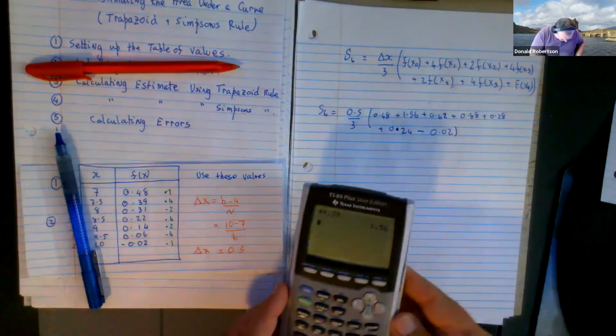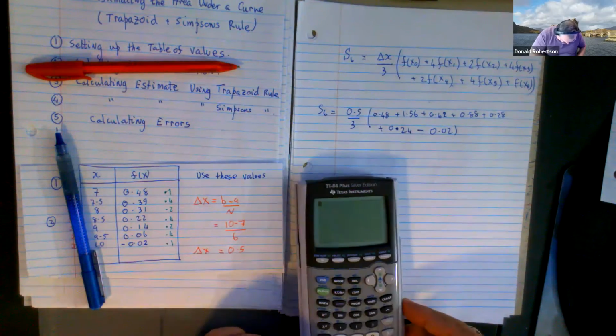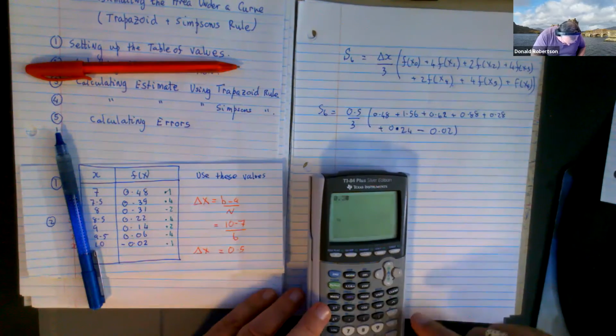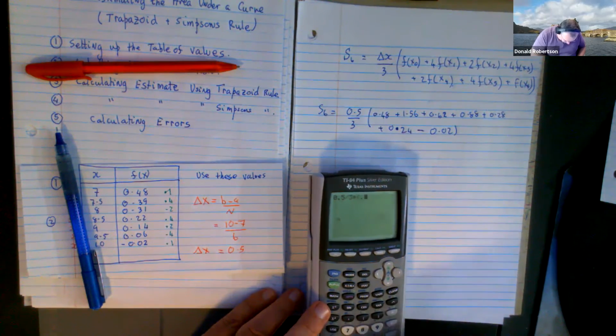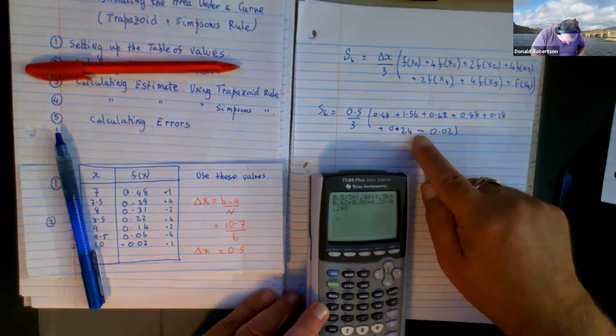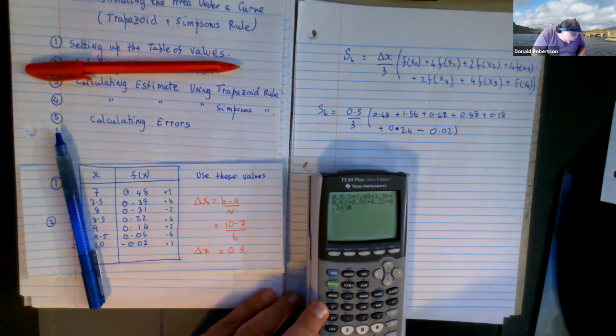So 0.5 divided by 3 times a bracket: 0.48, 1.56, 0.62, 0.88, 0.28, 0.24. Technically, you're adding this last guy, so subtract 0.02.